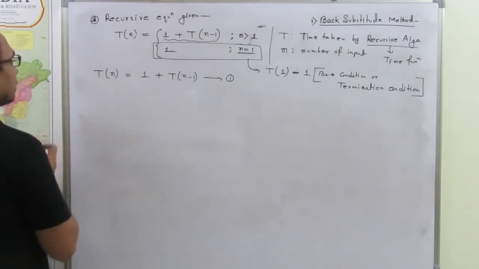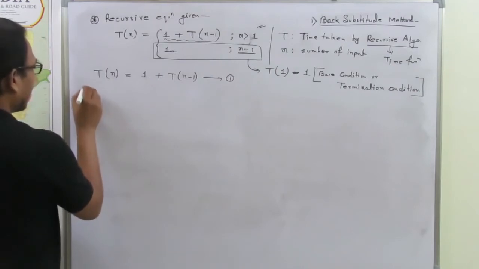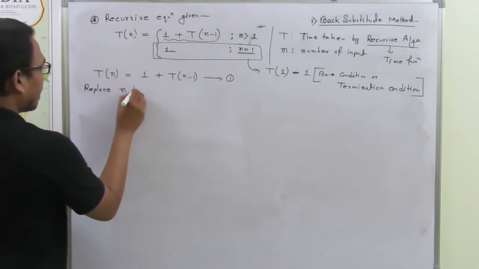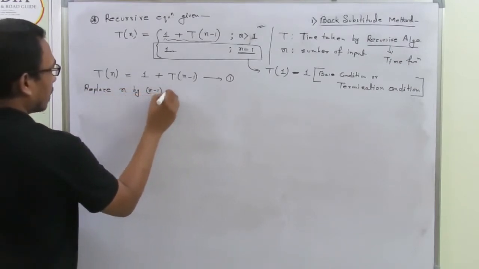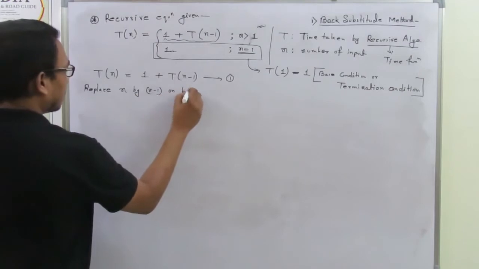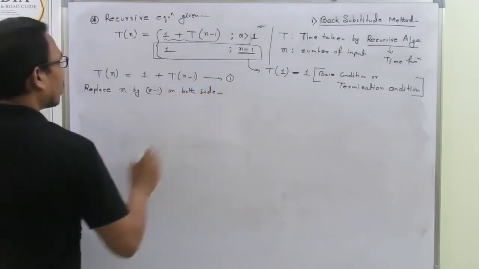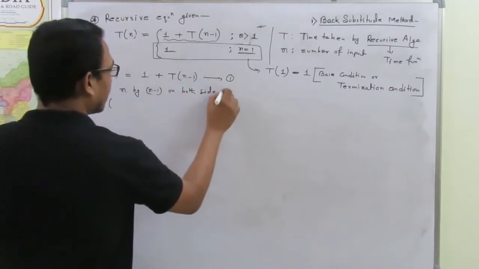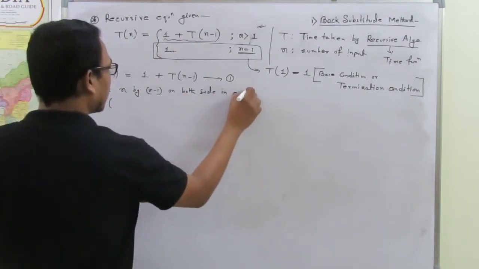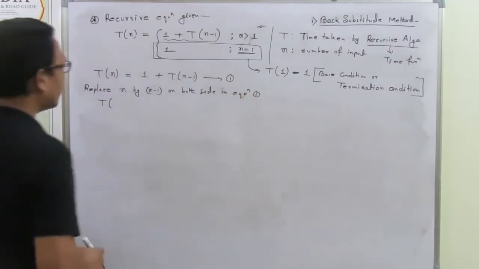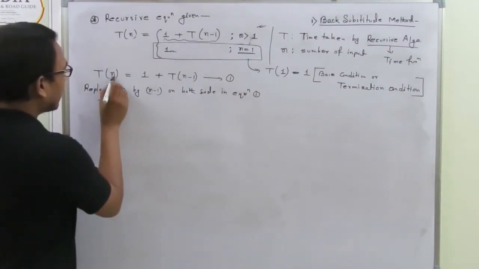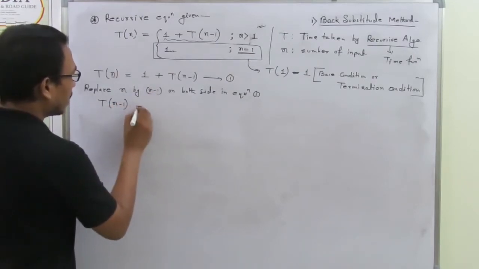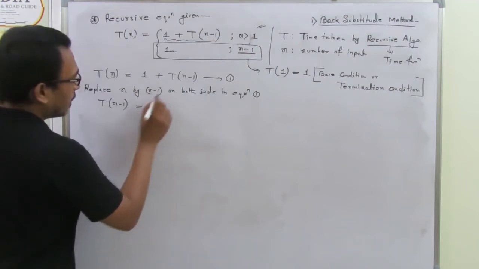Now we replace n by n minus 1 on both sides in equation 1. So we will get t of n minus 1 equal to 1, this 1 will still be 1, plus t of n.